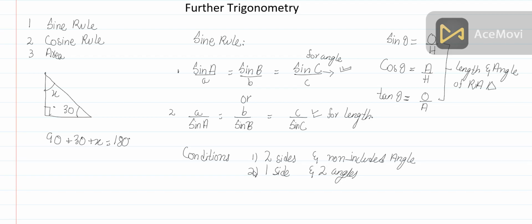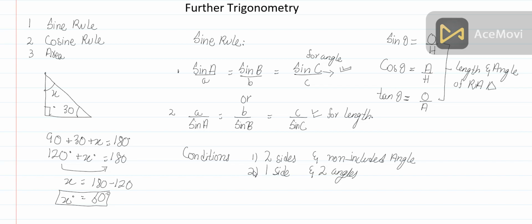If you add these two, it gives 120 degrees plus x degrees is equal to 180, and then you have to subtract 120 from 180. 180 minus 120 is equal to 60 degrees. So the value of x is 60 degrees. So if two angles are given to you and you have to find the third angle of the triangle, you always use this method.